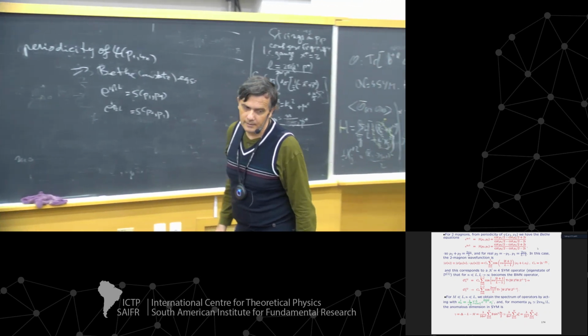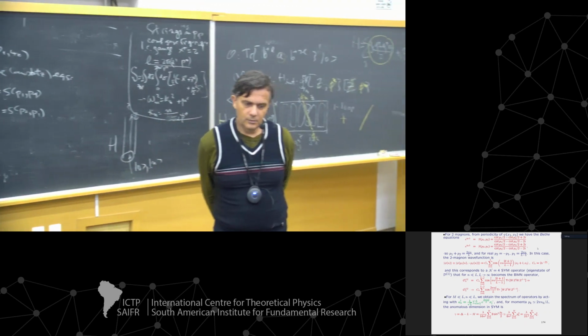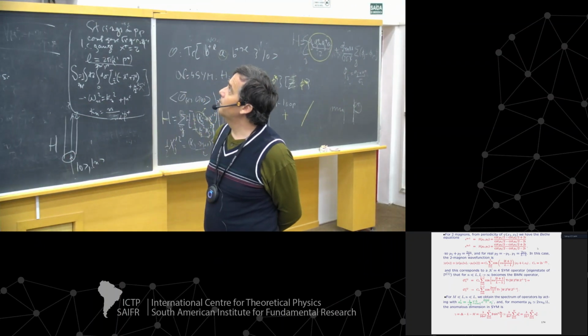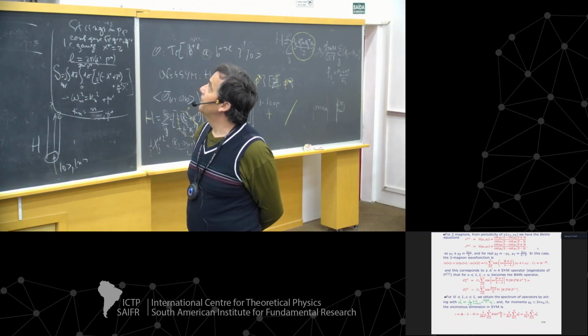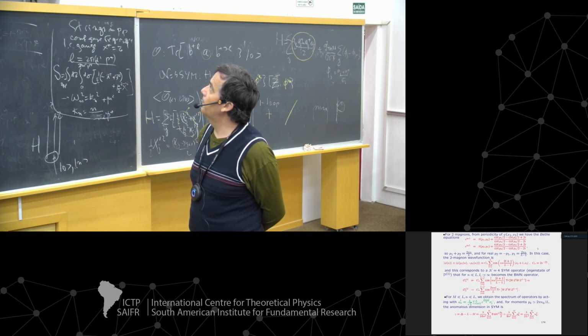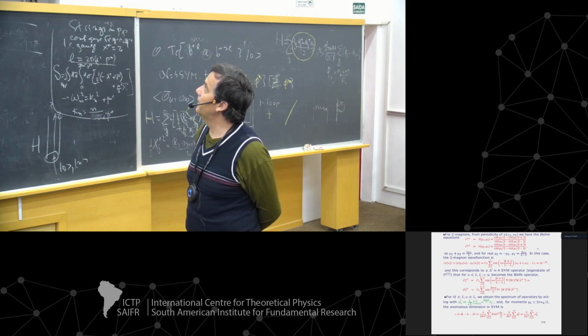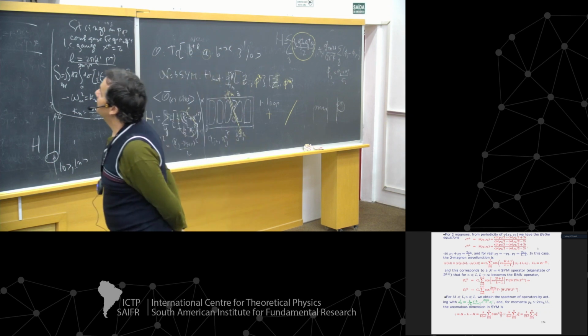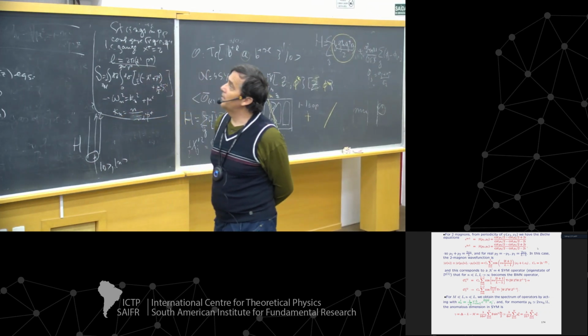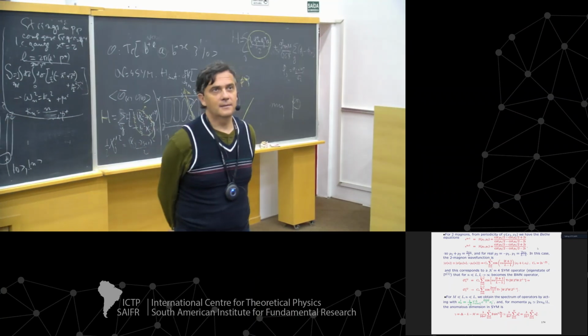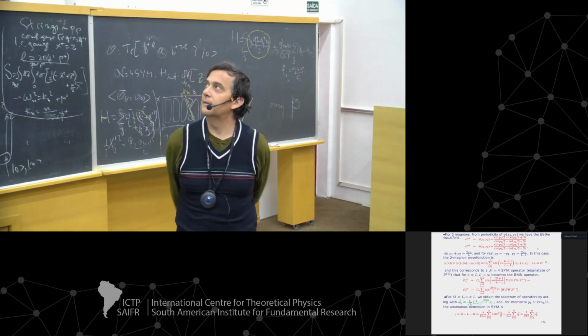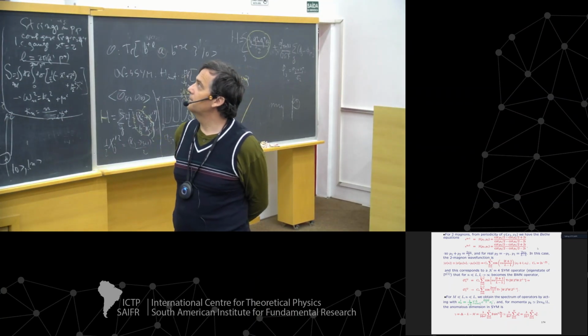So again, you can find the two magnon wave function in this way, and you can see that this has the form of the BMN operator in the small number of impurity limit, and that's fine. That's what we were supposed to get.